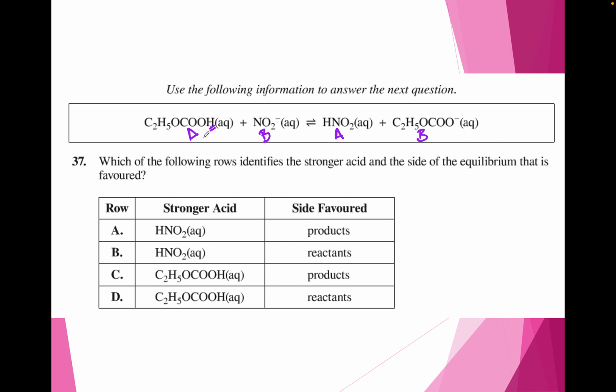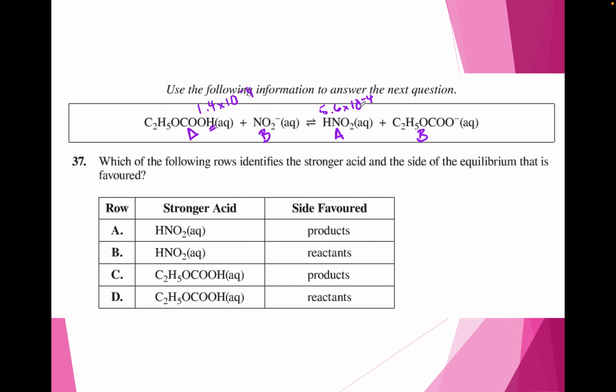So I would take a look at my acids and I would want to find them on the data booklet. The first one looks like lactic acid and it has a Ka value of 1.4 times 10 to the negative 4. And then your other acid, HNO2, is a little bit higher up and it has a Ka value of 5.6 times 10 to the negative 4.